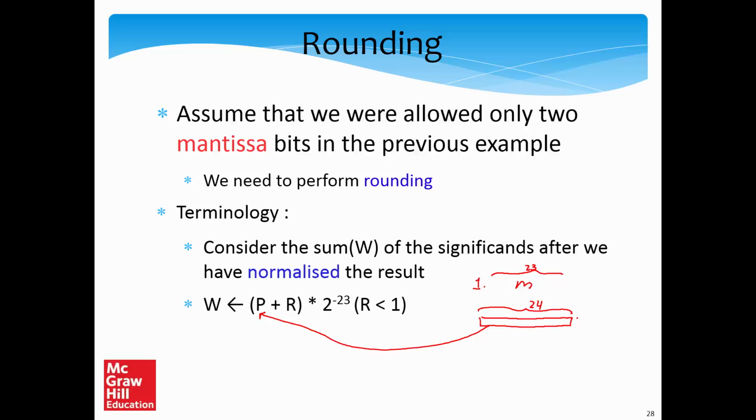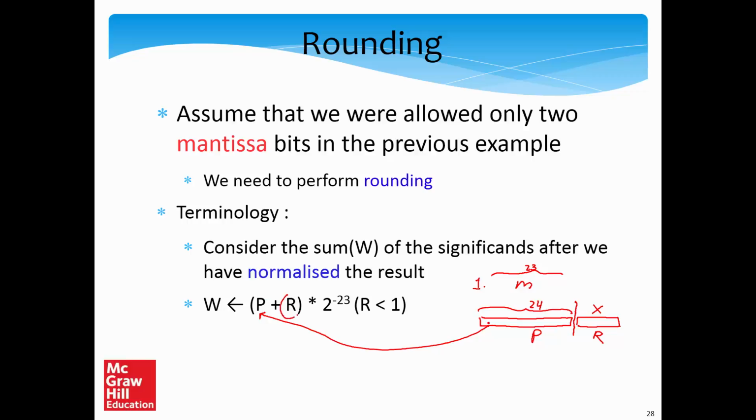But it is possible that during our operation there will be some additional bits which have to be discarded. Let's logically assume that this 24-bit significand is one number, P, and the bits that are being discarded are another number, R. Let's say that the final number W is P plus R times 2 to the power minus 23, where if I multiply the significand with 2 raised to the power minus 23, the decimal point will come just after the first bit.